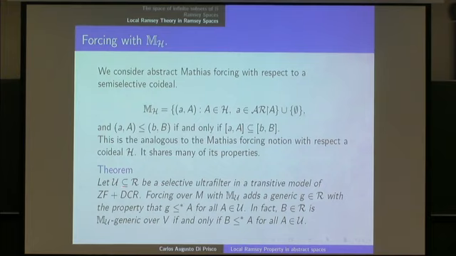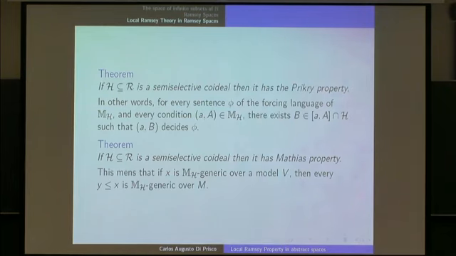Actually, any element of R is M_U generic if and only if it's almost contained in every, not contained, it's almost a reduction of every element of the ultrafilter.